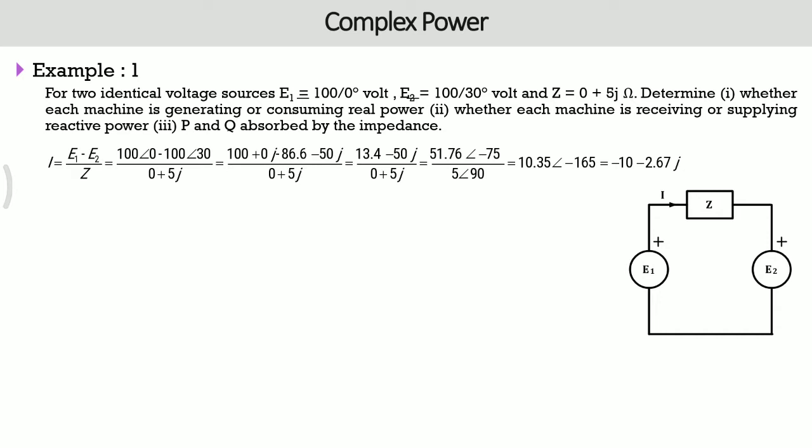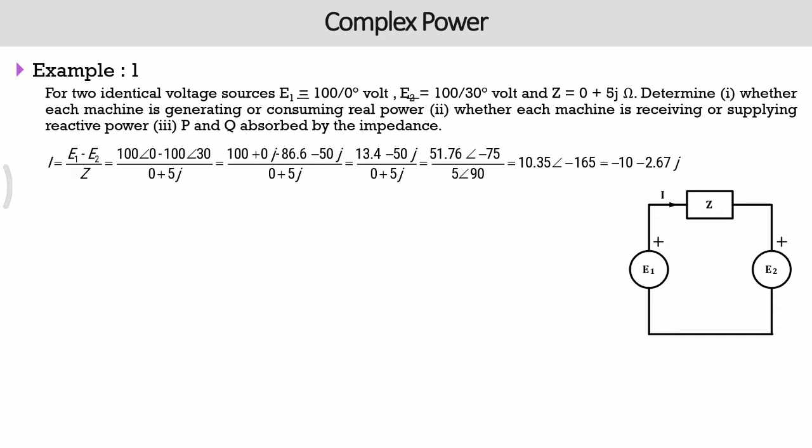Here we can see that in the first part, the E1 and E2 values are in rectangular form. Sorry, in polar form. So for addition and subtraction, we have to convert into rectangular form.